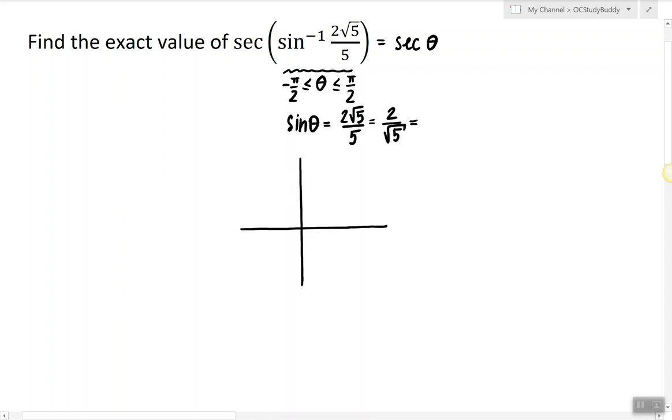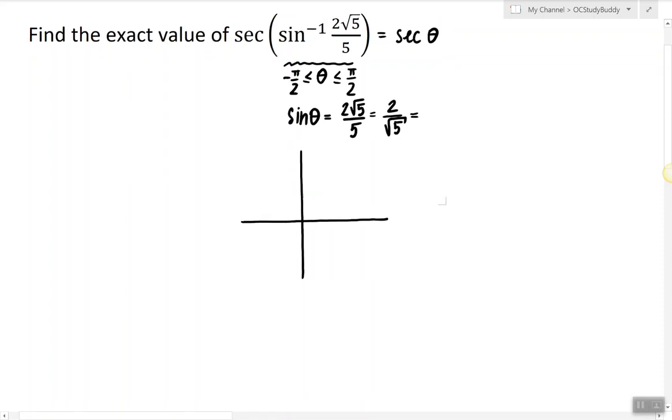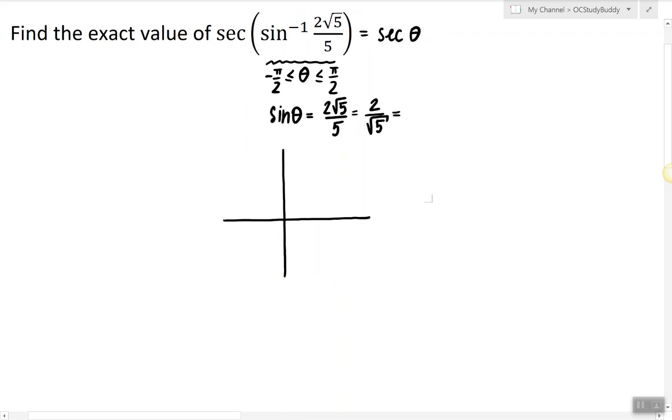By definition of sine, it is the ratio of the y-coordinate of a point on a circle over its radius.